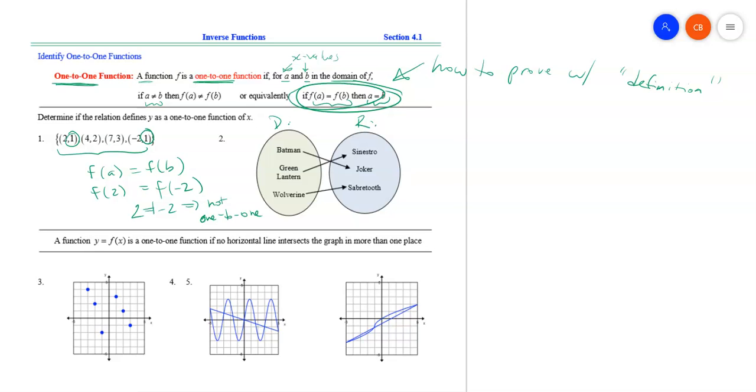What we're checking is whether the same y value comes from two different x values, and you can see that it does not. This would be a really nice example of a one-to-one relation, because you can see that one thing from the domain will be mapped to one thing from the range. And so that is the idea for checking these ones, just based on these kinds of set notations.